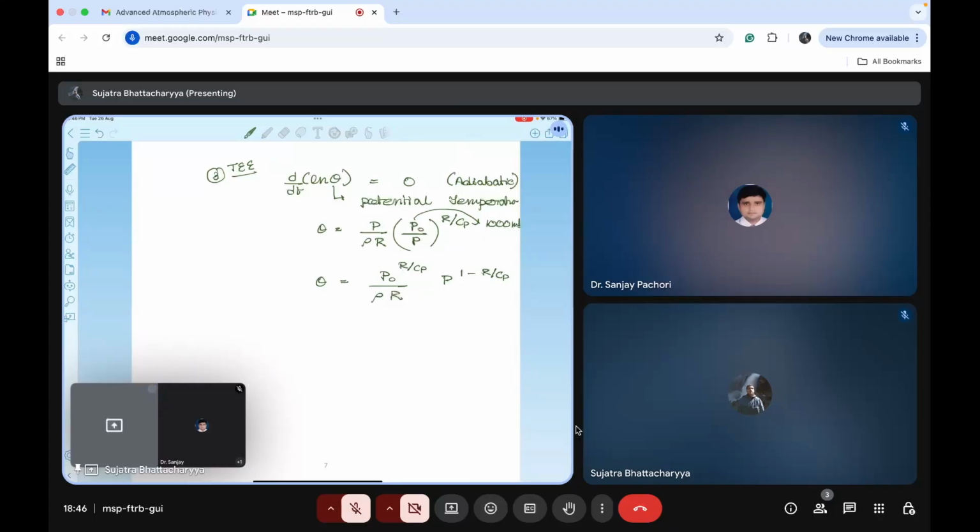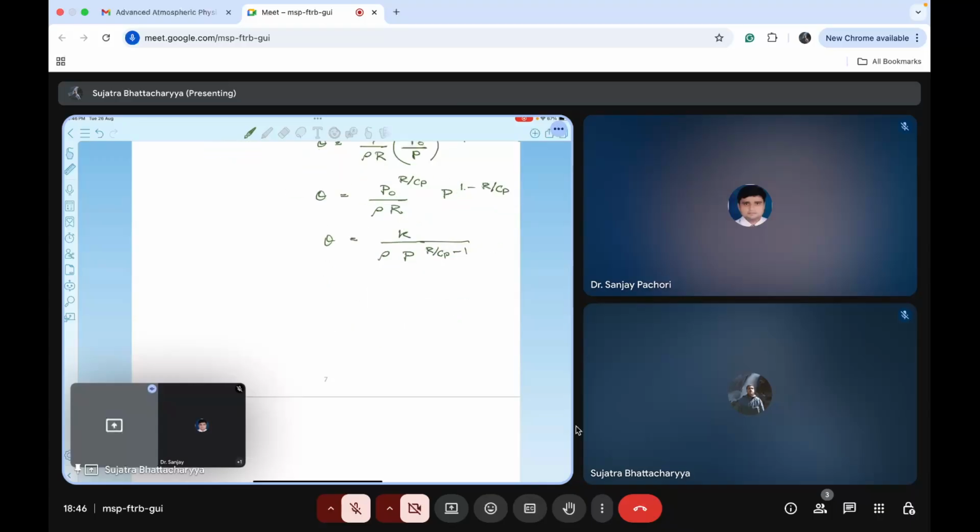So theta can be written as K constant times density to the power minus 1, P^(R/Cp - 1). Why? Because I'm just keeping this in the denominator, so simply by taking a negative sign, we can write it. Okay. So finally we are getting this.